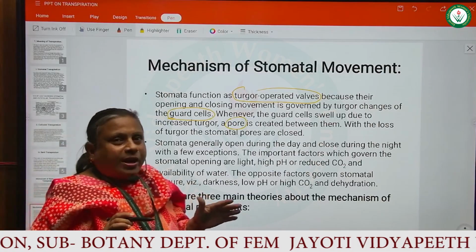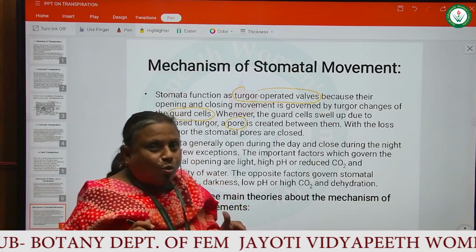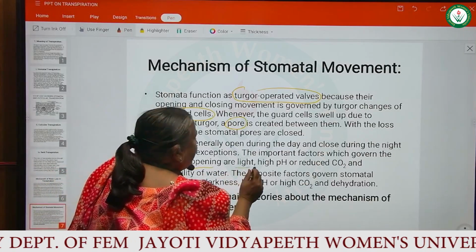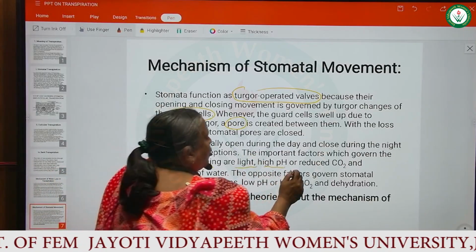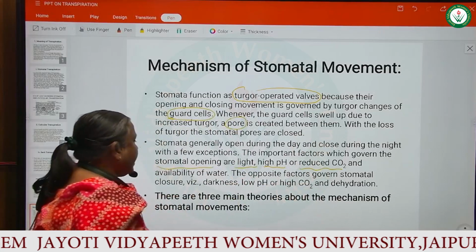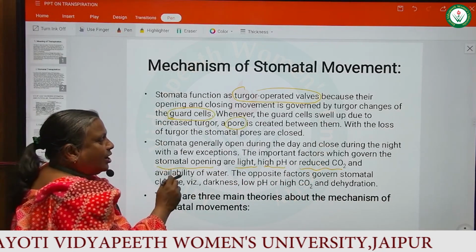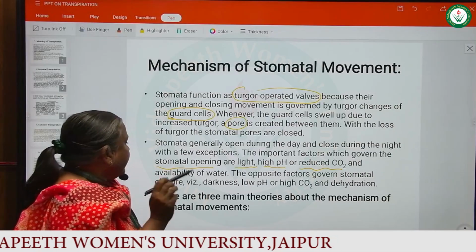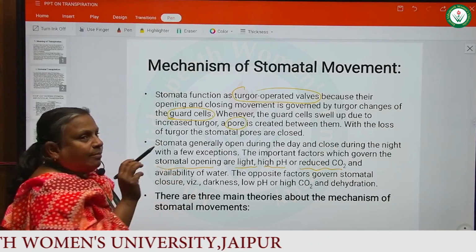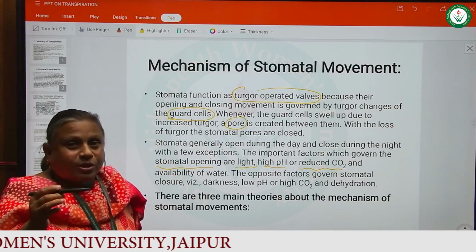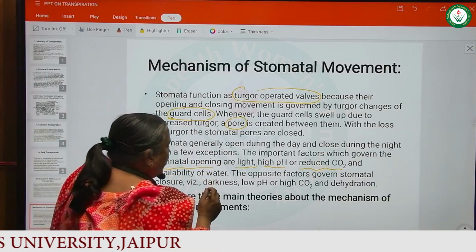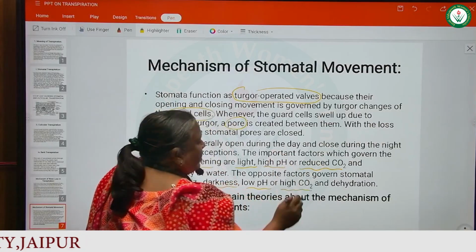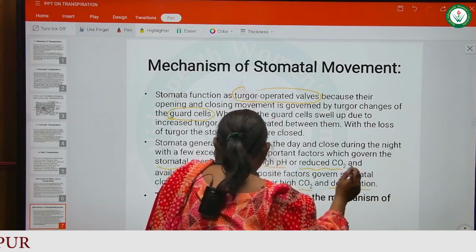The important factors which control or govern stomatal opening are light, high pH or reduced carbon dioxide, and availability of water. The opposite factors govern stomatal closure, meaning stomatal closure is controlled by darkness, low pH or high carbon dioxide, and dehydration.